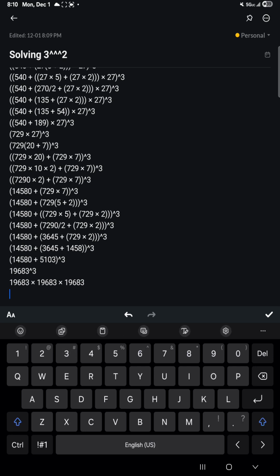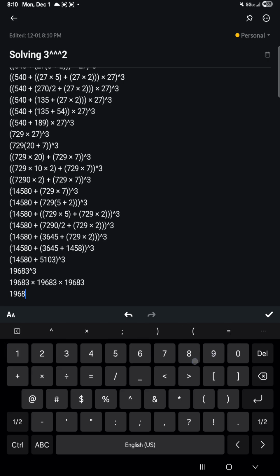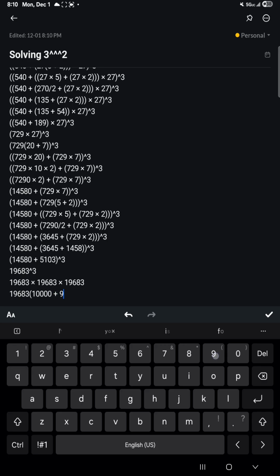Now you might be wondering, how am I going to solve this 5-digit equation with 3 numbers? Well, we're going to use the distributive property again. Now you might think it's not possible, but I'll prove to you that it's still possible.